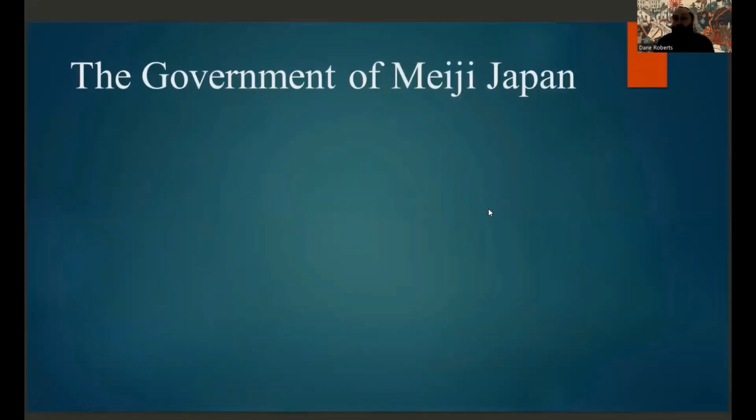So with the creation of the Charter Oath and the abolishment of the Han system and the creation of prefectures, now we need to look at the government of this new empire.